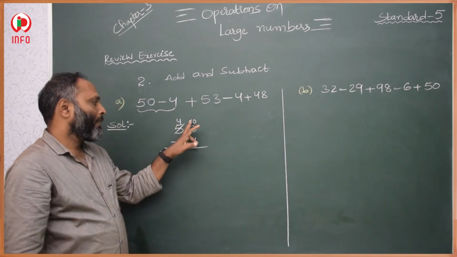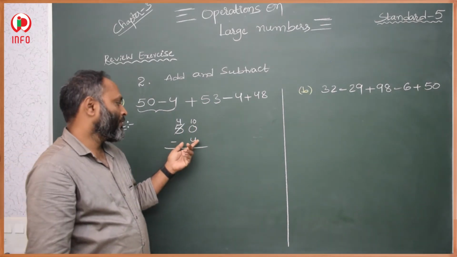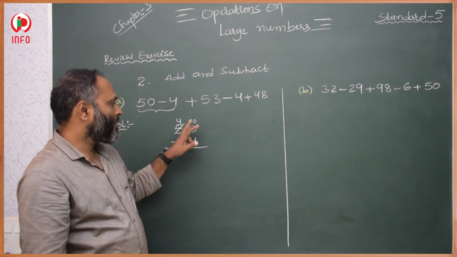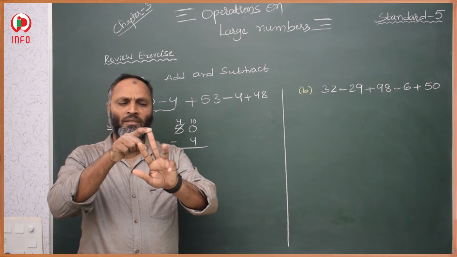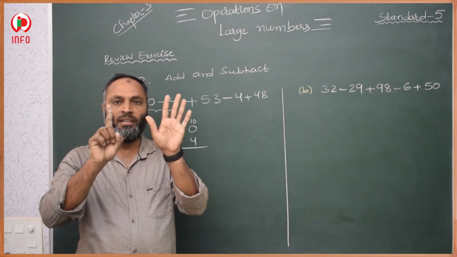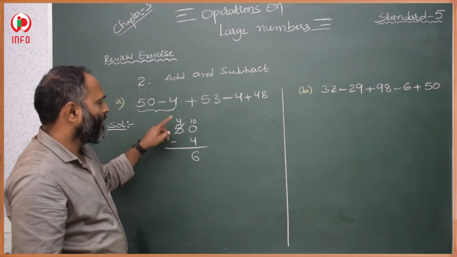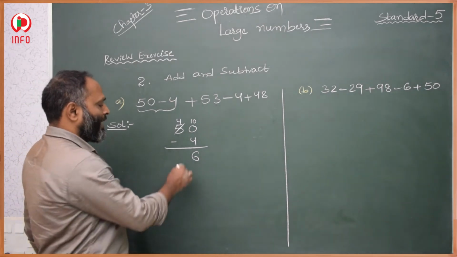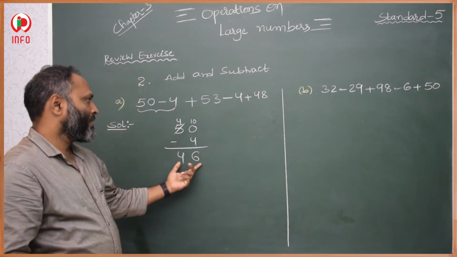Now 10 minus 4, how much is that? That is 6. How? From 4, we count to 10: 5, 6, 7, 8, 9 and 10, that is 6. Here 4, nothing is there, no digit, so 4 as it is. Then the answer to 50 minus 4 is 46.